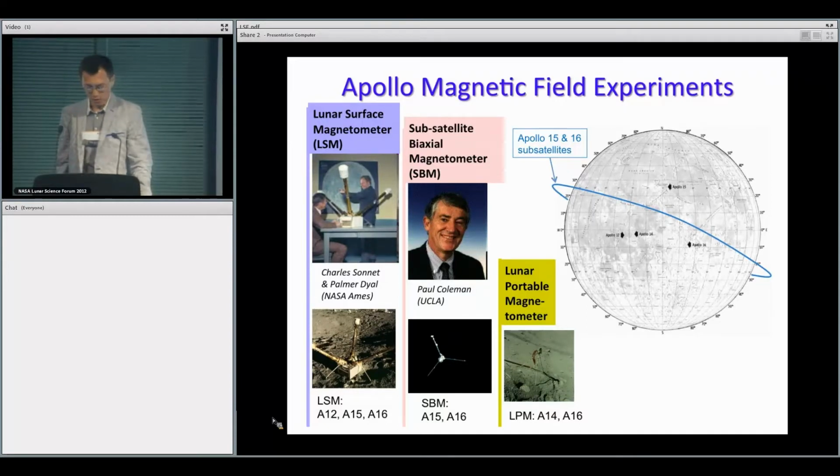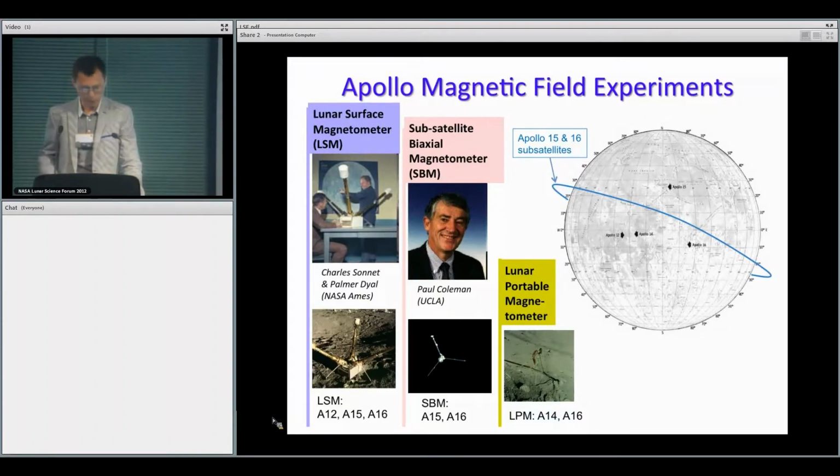The best data set I was able to find is from the Apollo missions in the 1970s, because the missions had observations both at the surface of the moon and by orbiting satellites.